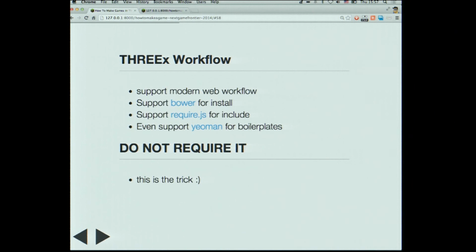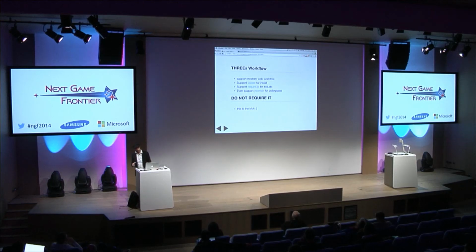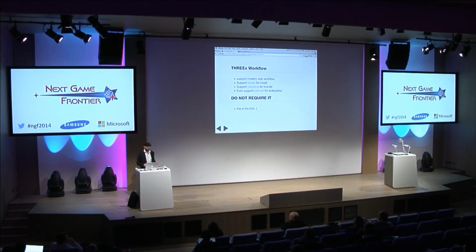What is really, really important is that all that is supported, so you can use them and have the speed advantage when you develop. You will develop faster if you use them. But this is not required. If you don't want to use these tools like Bower, Require.js, or Yeoman, just don't. Do that with your own stuff. That's completely OK. The trick is do not require it, but support it.